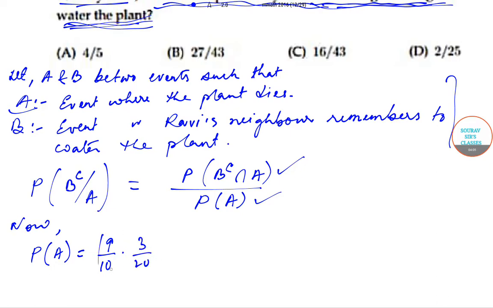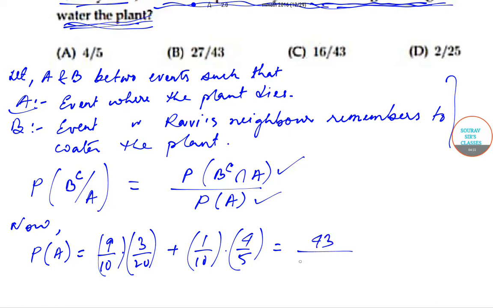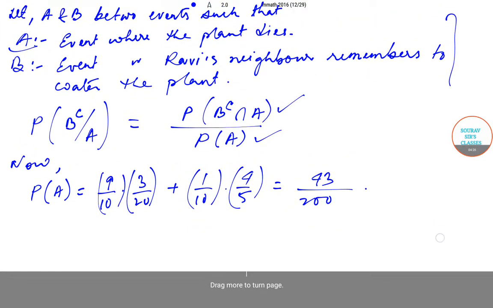So 9 by 10 into 3 by 20 plus the probability that he forgot to water the plant, 1 by 10, and the plant died, which is 4 by 5, already given. So upon addition and multiplication, this gives us the value 43 by 200. This is the probability of event A.